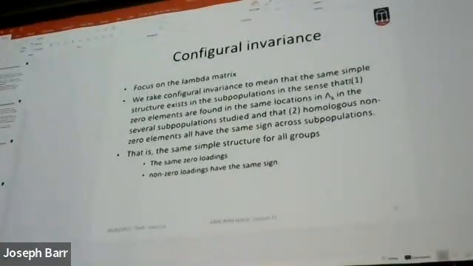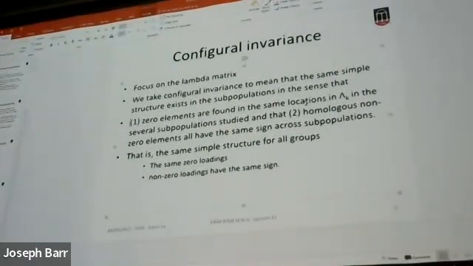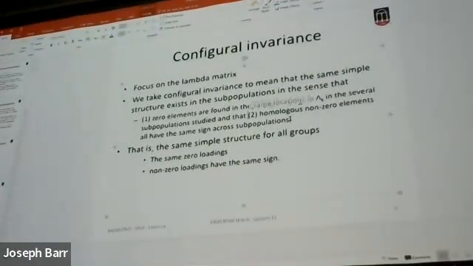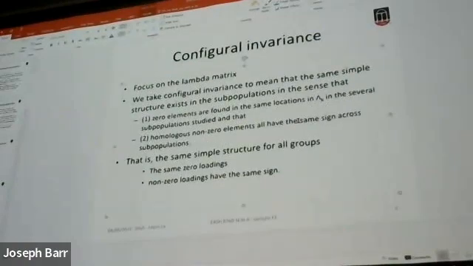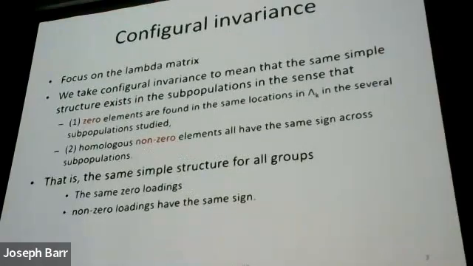So let me try to use this. We want to make sure of these two parts, the zero and the non-zero. If it's a zero element, then you have to make sure that across the subpopulations studied, we have the same zero elements.